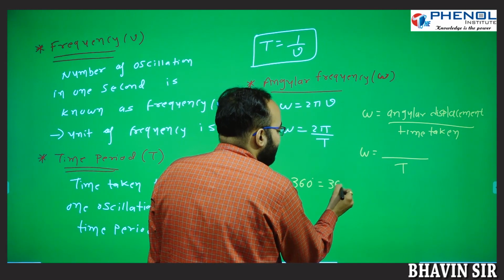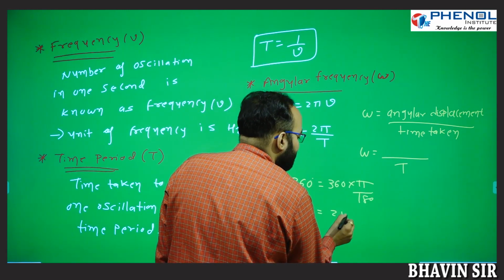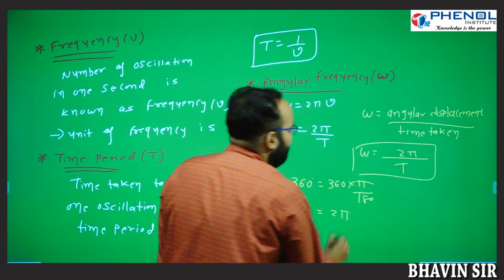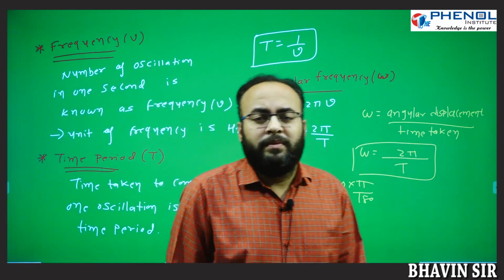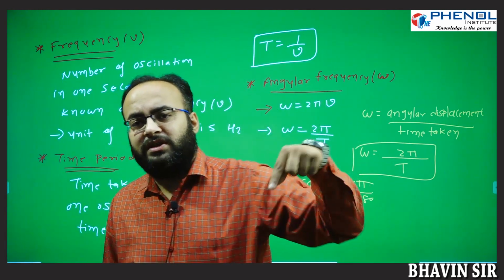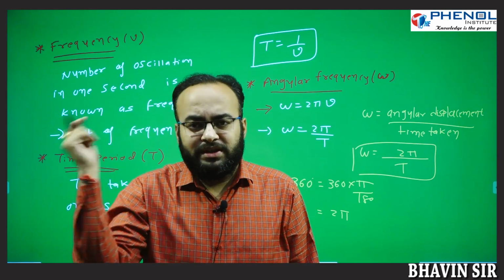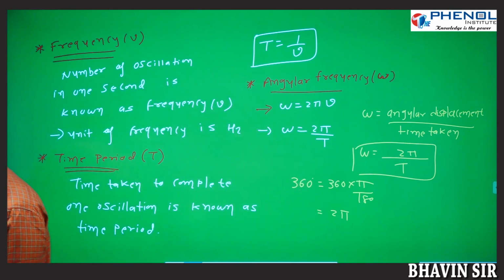Convert into radian: pi by 180 times 360, so we get 2 pi. So that's why the formula is 2 pi by T. Same formula for rotational motion, where it is known as angular velocity. Here, for oscillation, it is known as angular frequency. So angular frequency means 2 pi nu, otherwise 2 pi by T.